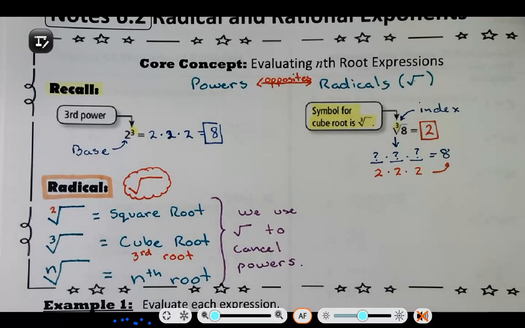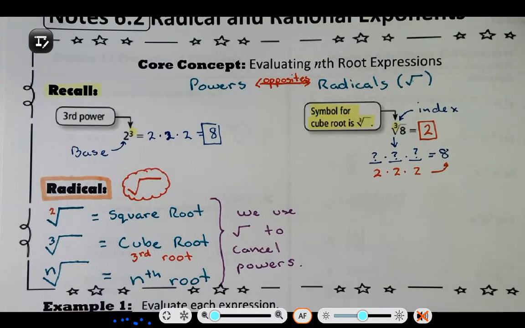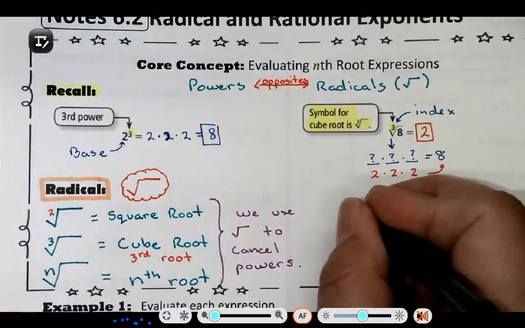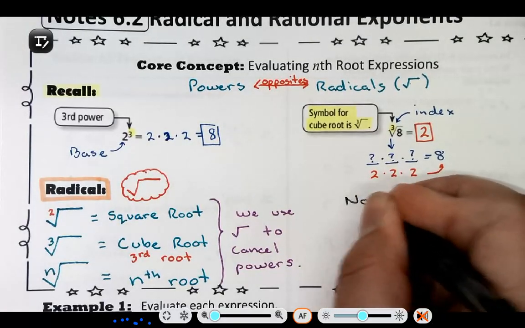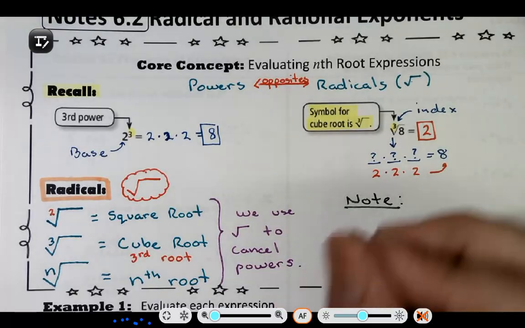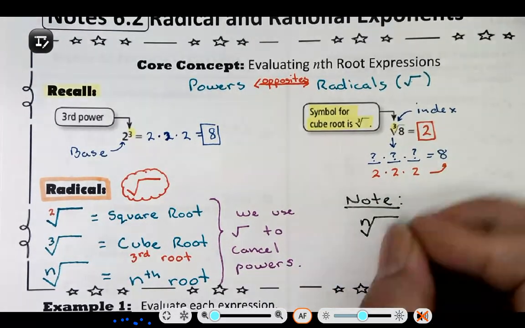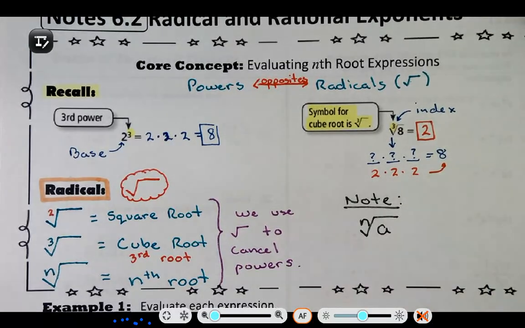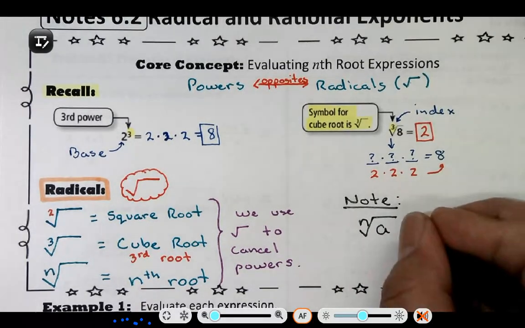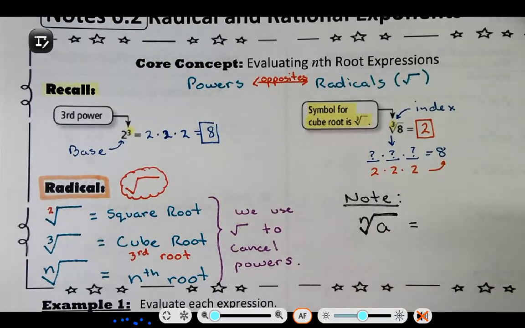There also is a connection between an nth root, a radical, and a power. And so here's the last idea, and the one that we're going to be using today the most. So here is the last special note we're going to write here on top. It says, if you have the nth root, now I'm just going to write any letters here, so I'm just going to write an A. What they want to let you know is that whenever you see a radical, it actually represents a power.